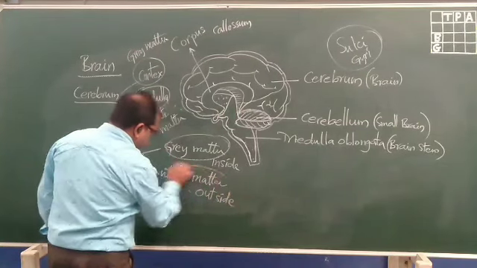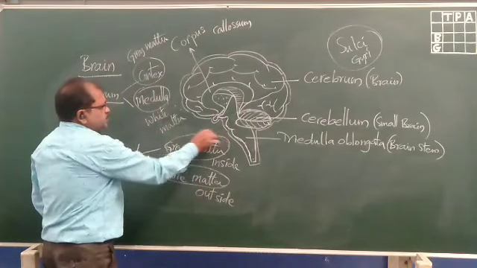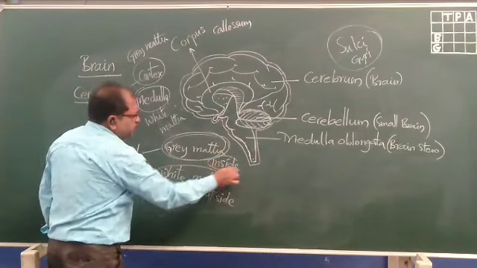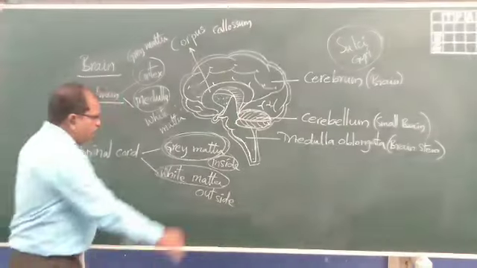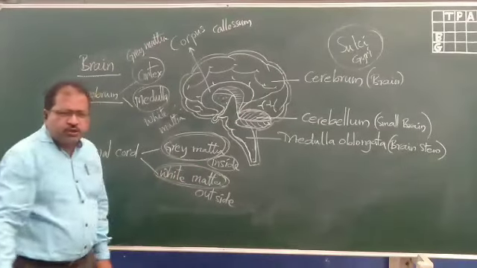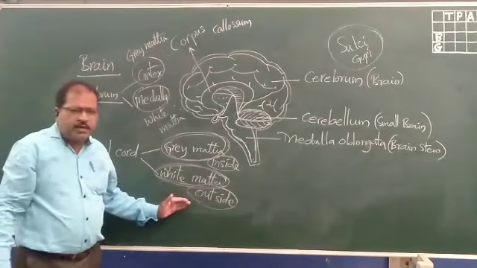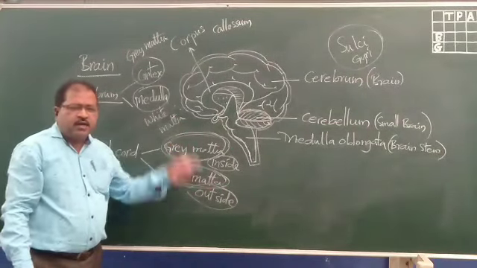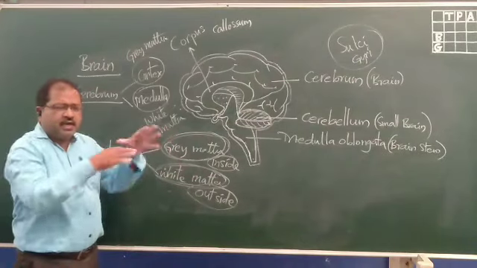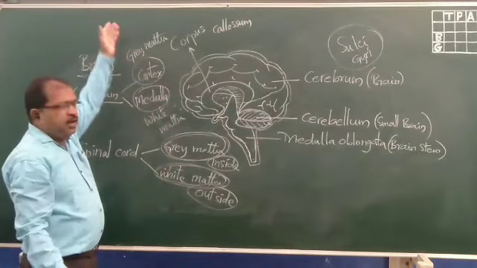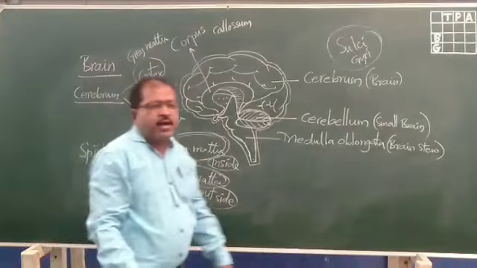Why? Because here the cell bodies of the neurons are present inside the spinal cord and the nerve fibers are present outside the spinal cord. That's why outside is white matter and inside is gray matter in the spinal cord. It is entirely reverse in the brain: outside gray matter, inside white matter.